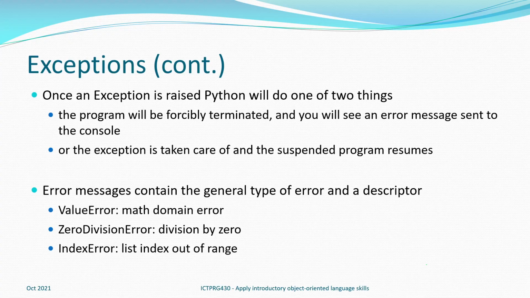So an exception in Python can be handled one of two ways. It can terminate the program and send an error message up to the console, or the error can be handled by the code and the program resumes processing from the next step.